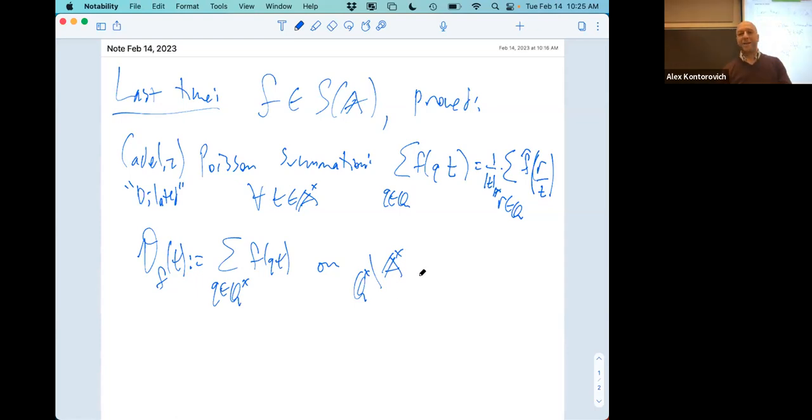Should I already give a little bit of foreshadowing? The ideles are GL1 of the adeles. And it's just a trivial thing. And the invertible rationals are GL1 of the rationals. So this is true, and it's a little bit of foreshadowing.